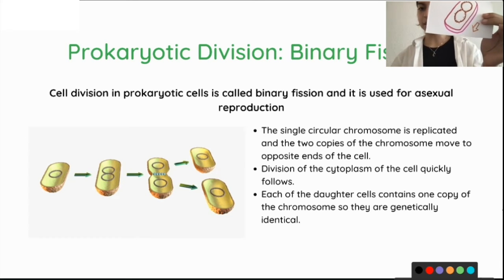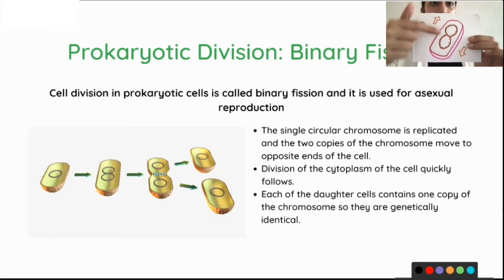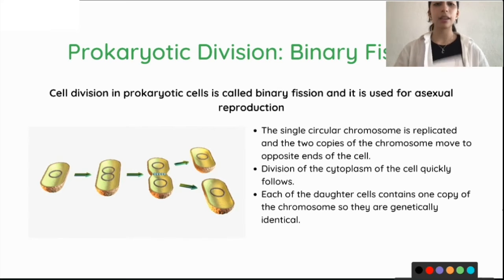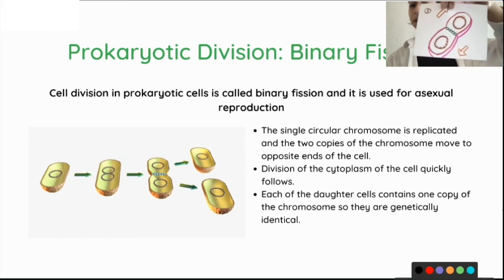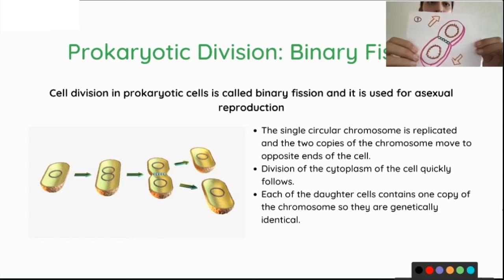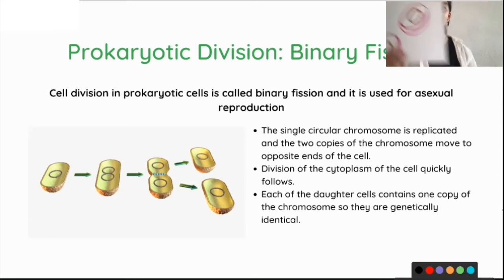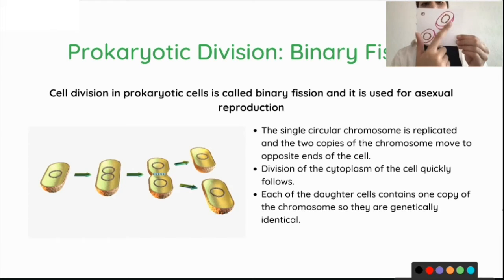And they move to opposite ends of the cell. As you see here, they are moving to the opposite ends. Then the cell divides. The division of the cytoplasm quickly follows in this process. And finally, there are two new daughter cells that contain one copy of the chromosome, so they are genetically identical.